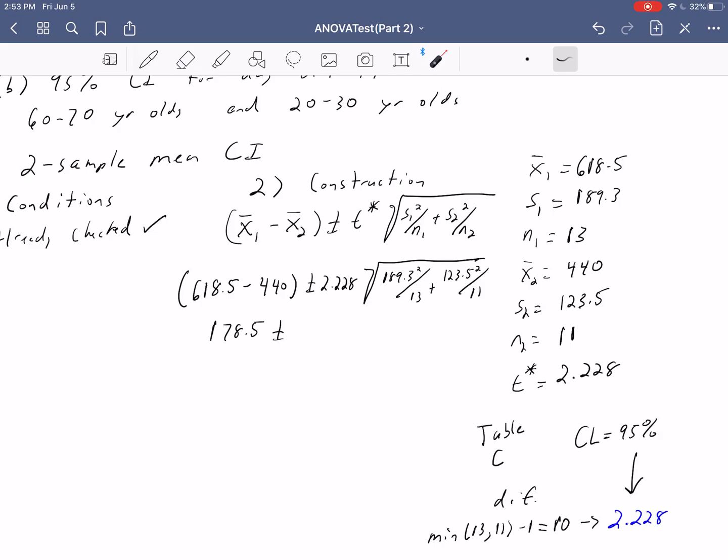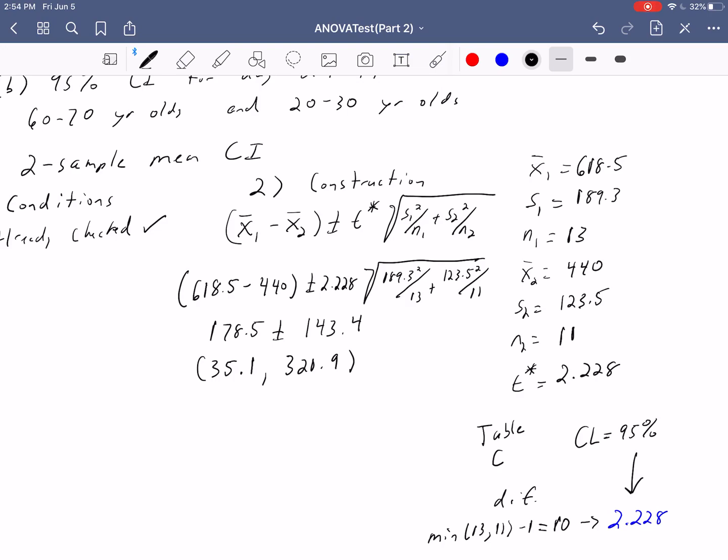Plus 123.5 squared divided by 11. And looks like we should get about 143.4. Then do our subtraction, 178.5 minus 143.4. Looks like we should get 35.1. And then we can do our addition, 178.5 plus 143.4 is 321.9. So there we go.